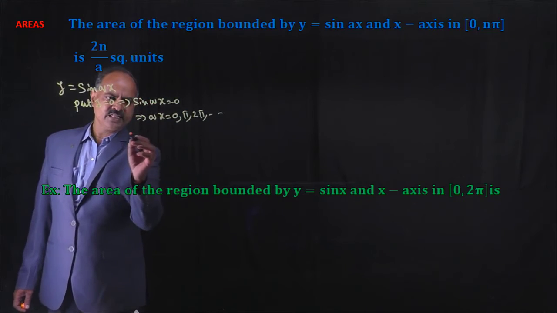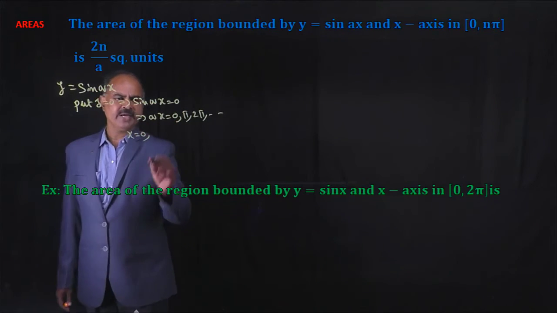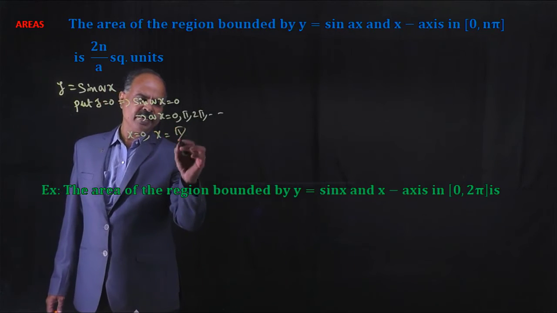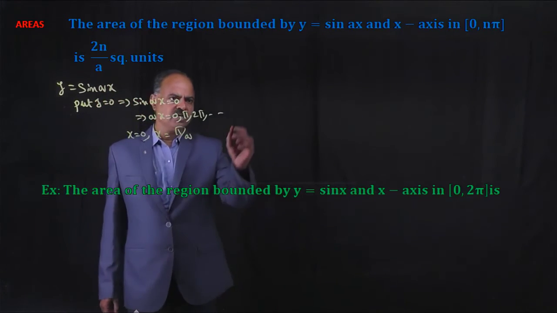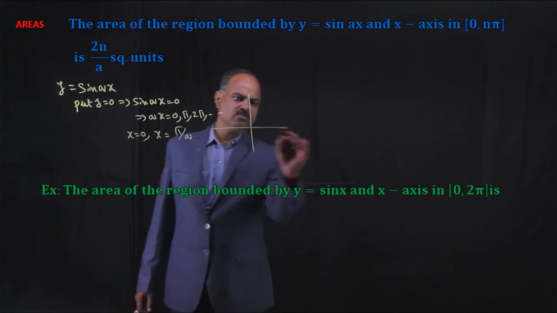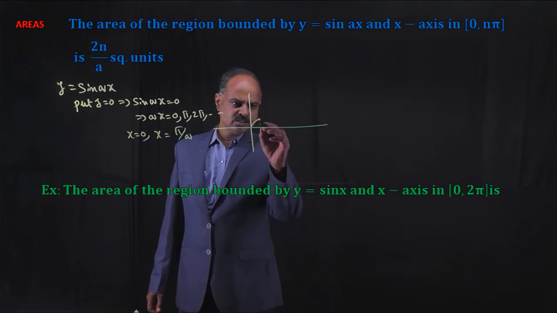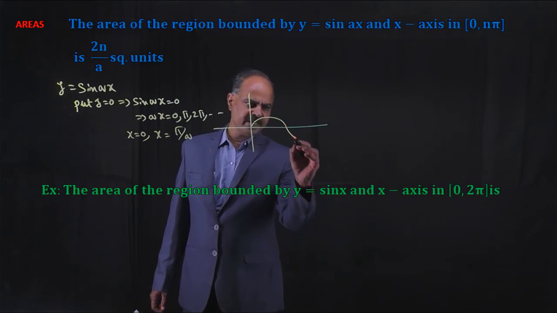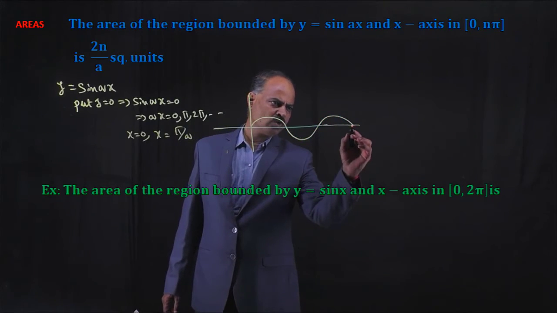So ax equal to 0 gives x equal to 0, and ax equal to pi gives x equal to pi by a. Now the curve y equal to sin ax crosses at 0, pi by a, 2 pi by a, 3 pi by a and so on.